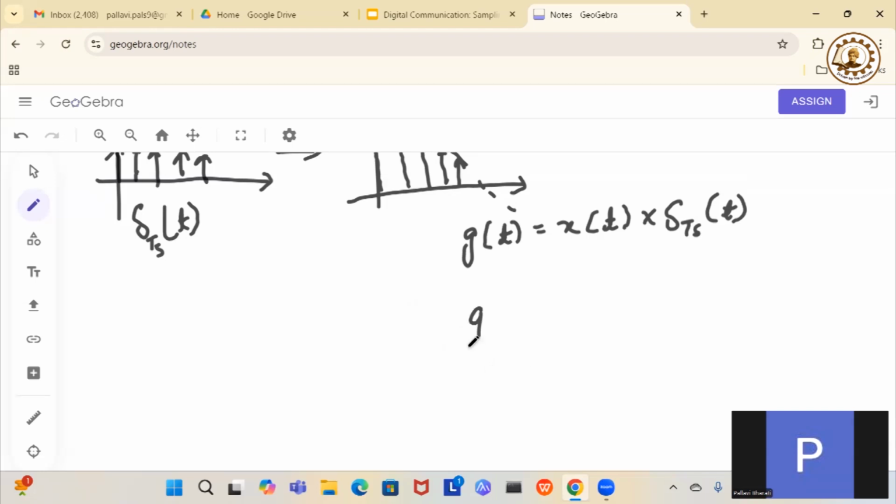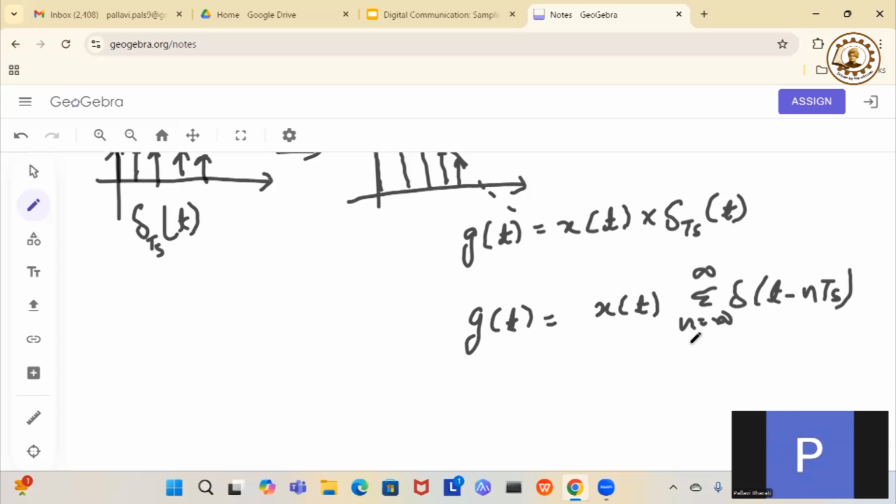What we can do is g of t is equal to x of t times the summation n equals minus infinity to infinity of delta of t minus n Ts. Now if you take the full thing inside the summation, it becomes the summation n equals minus infinity to infinity, after the sampling process, x of n Ts delta of t minus n Ts.